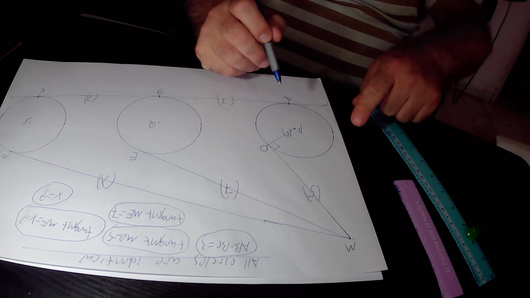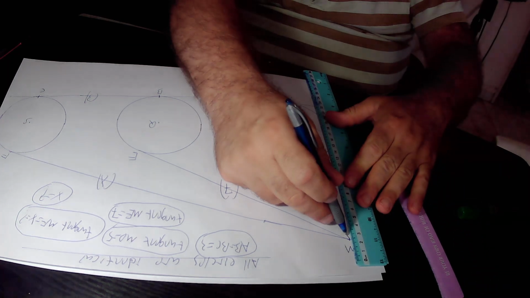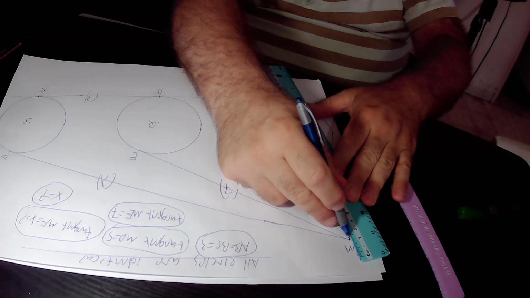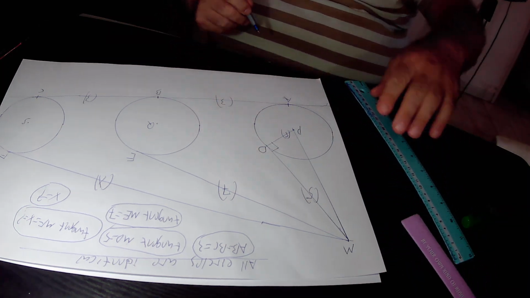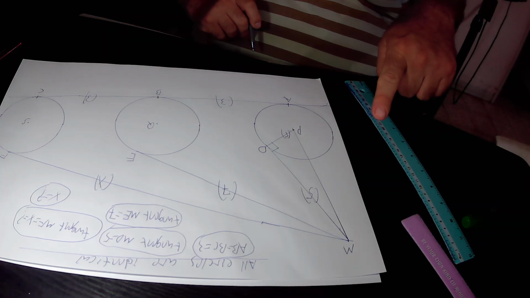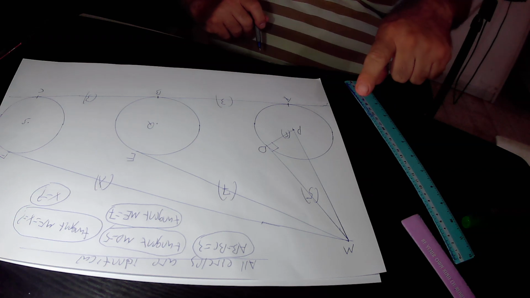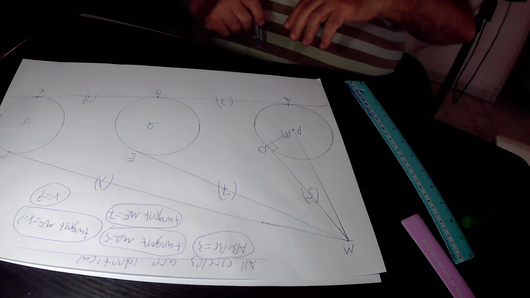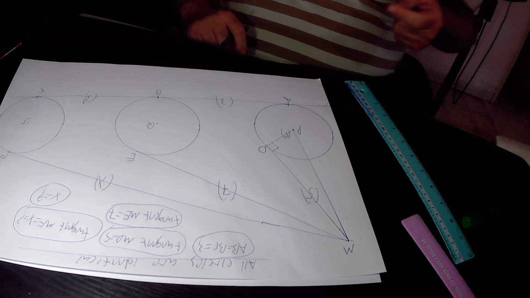In the next step, we will join points M and P together by a straight line. By joining points M and P, we get the right triangle MPD. So in the next step, we'll apply the Pythagorean theorem on this right triangle MPD. According to the Pythagorean theorem, in any right triangle, the square of the hypotenuse equals the sum of the squares of the perpendicular sides.